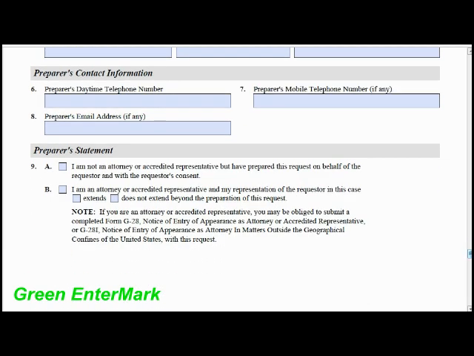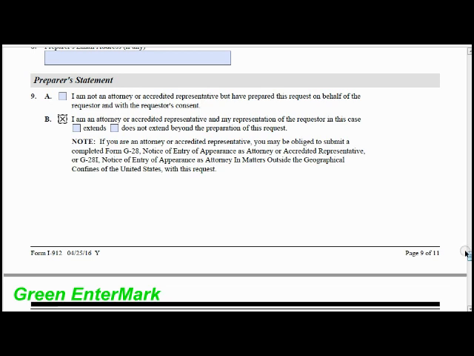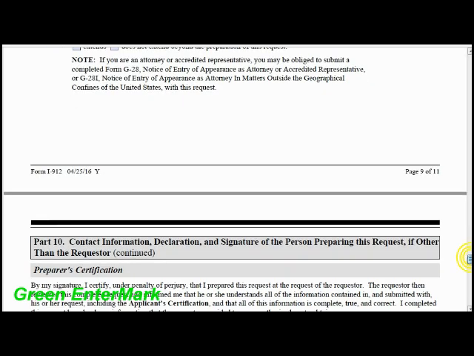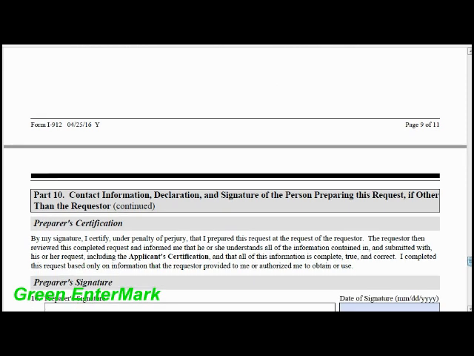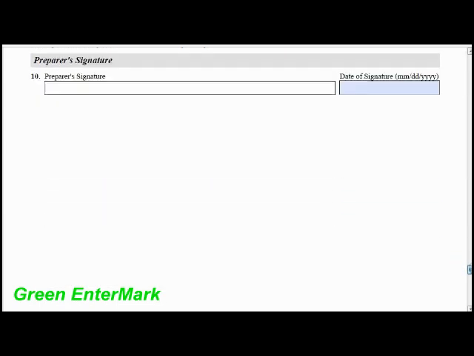Last of all, he has to mention that he is not an attorney. If he is an attorney, he has to mention that, and he has to mention all the documents that prove he is an attorney. Then the certification, signature and the date.